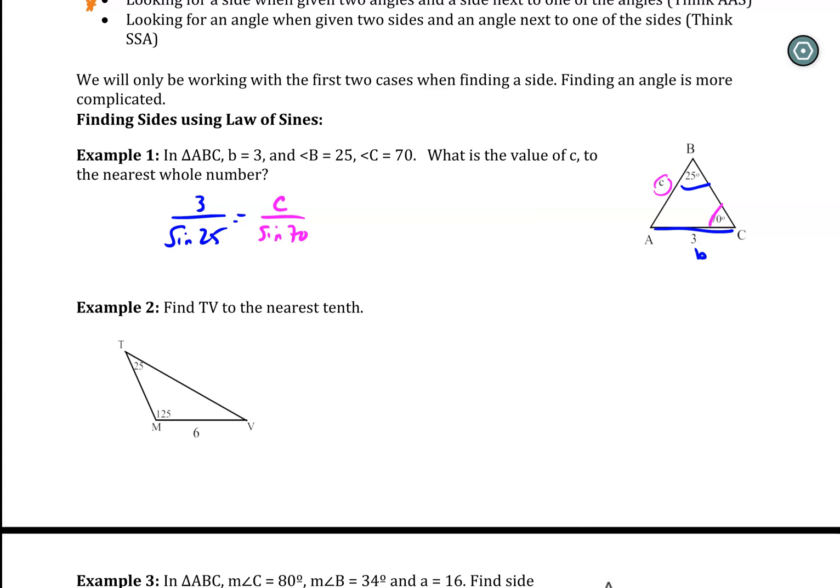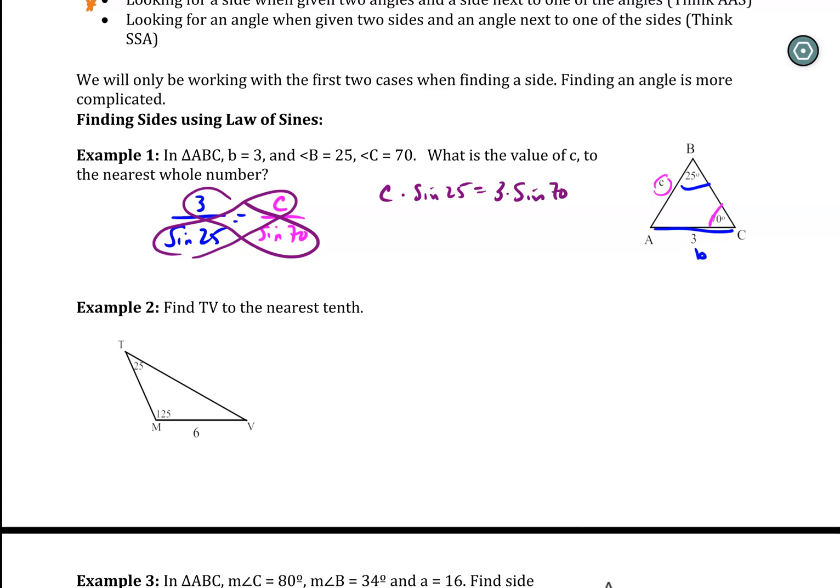Once I have them, notice this is just a proportion. So now I can cross multiply. I'm going to get c times the sine of 25 equals this cross multiplication, which is 3 times the sine of 70. Now I'm going to hold off.